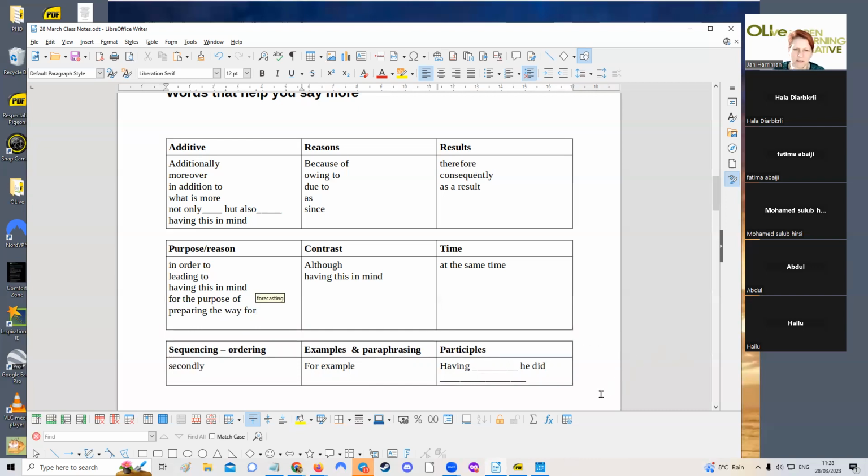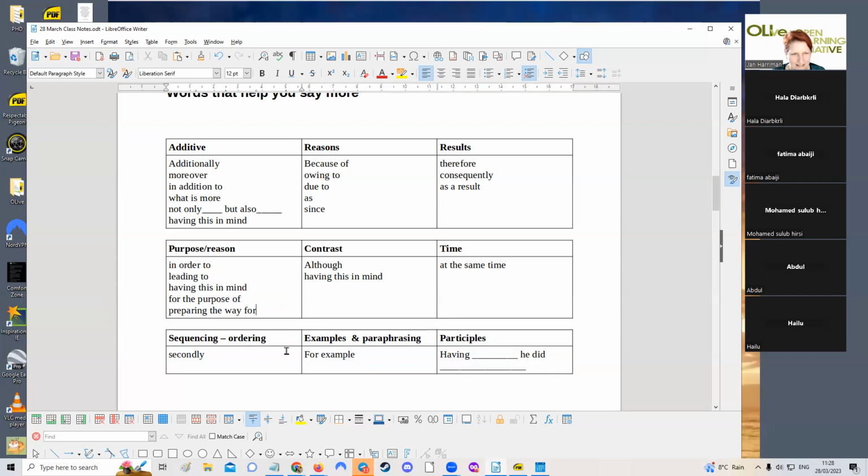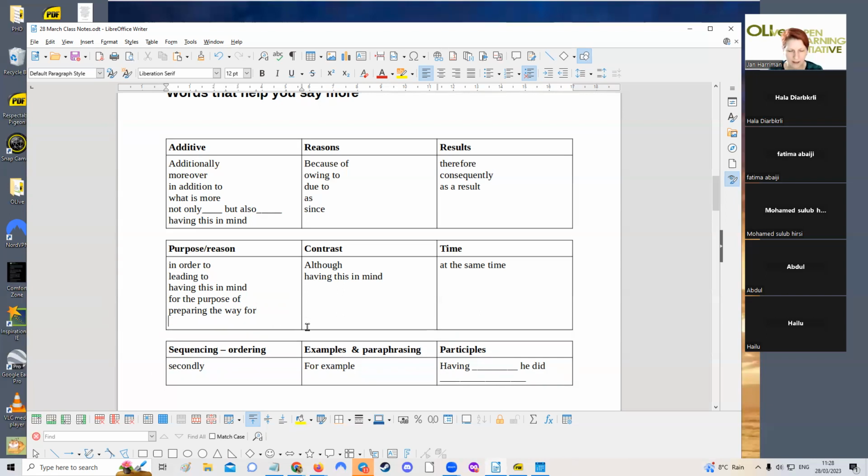They saved up for years and bought the boat, preparing the way for traveling the world by sea. Or to say it a bit shorter, paving the way. Very nice. It's a wonderfully illustrative one as well. Very, very nice.